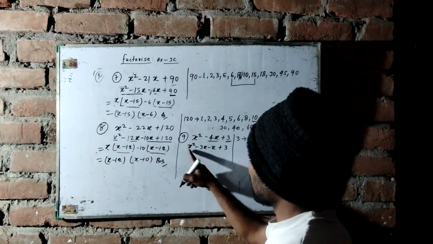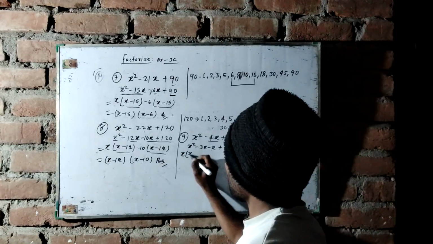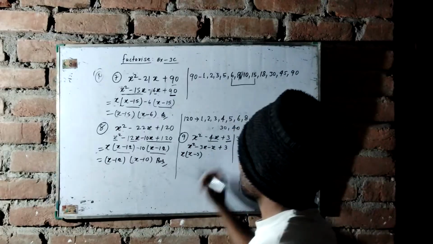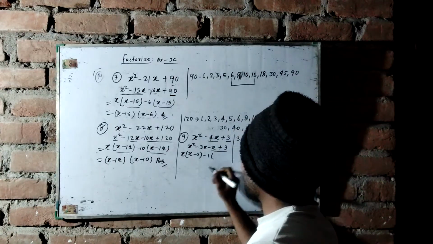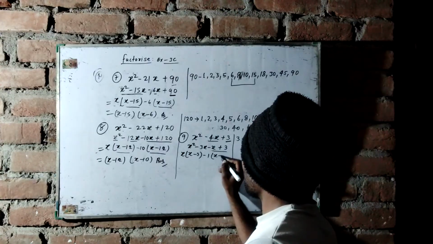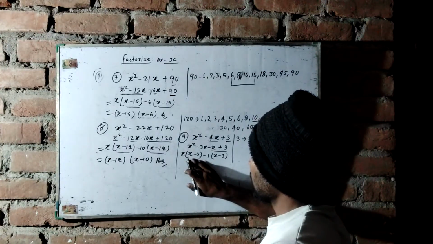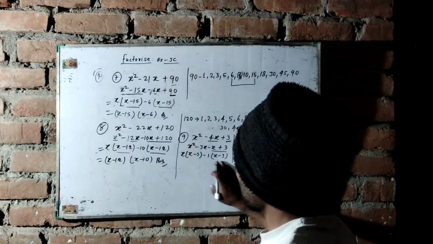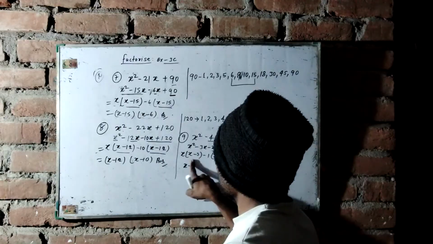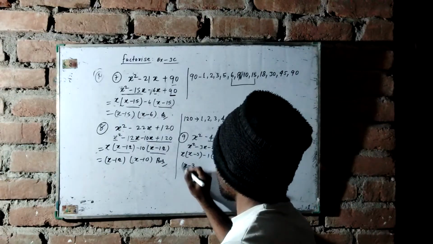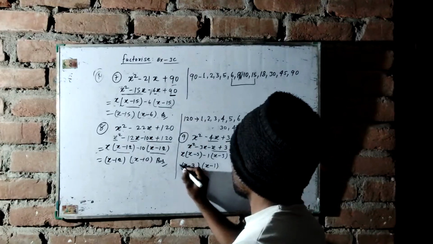Now we take x as a common and we can write x minus 3 as a multiple, and here we can take minus 1 as a common and we can write x minus 3 as a multiple. Now x minus 3 and x minus 3 are present in both terms, so we can take x minus 3 as a common and we can write x minus 1 as a multiple.